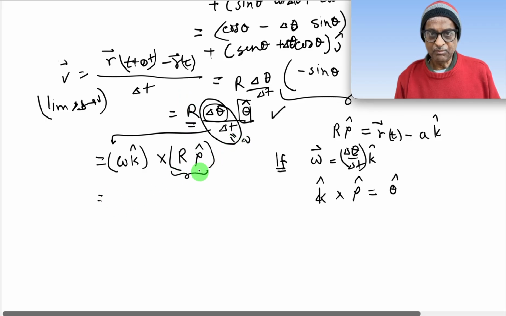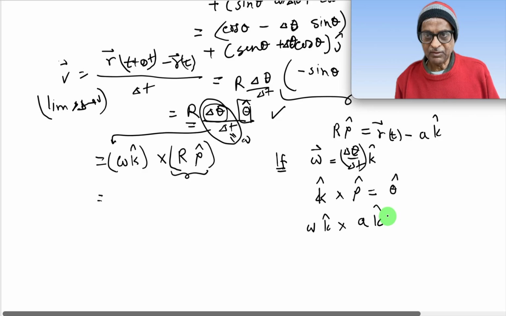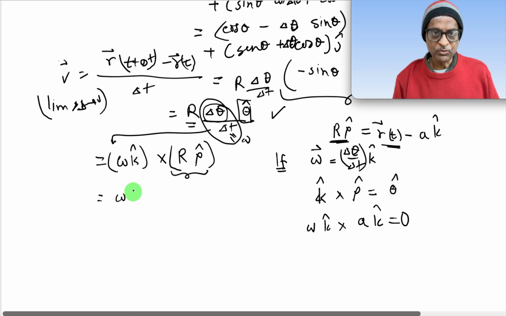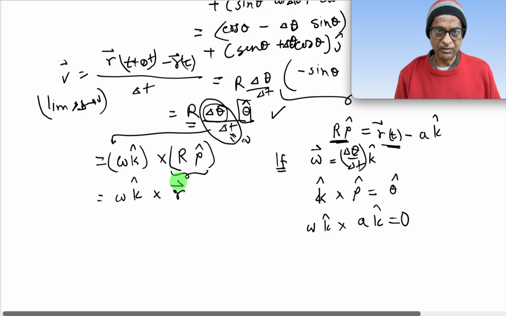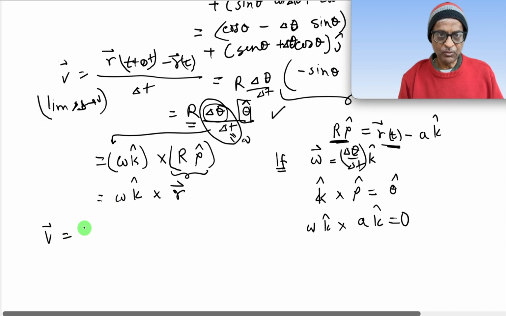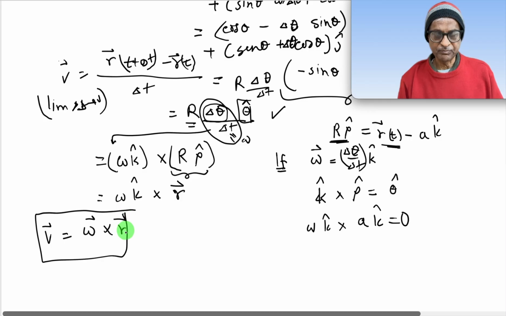Now this thing can be replaced with this, because omega k hat cross a k hat will be 0. So I can just replace this with that in this formula. So omega k hat cross r. So v is omega cross r once again, right?